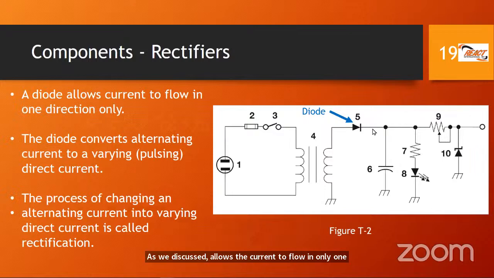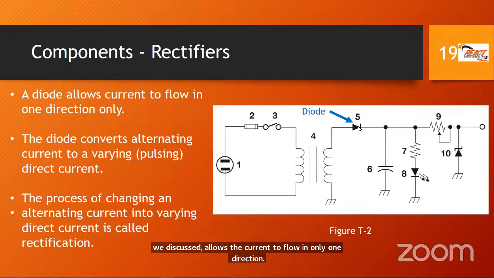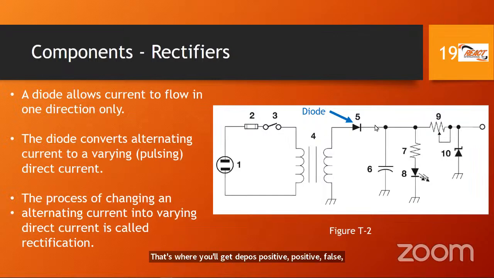That's why you'll get the positive pulse, positive pulse, positive pulse. It doesn't allow the current to go back in the other direction, so the negative pulse is dropped off or cut off. So when we use an AC current and change it into a DC current using this method, it's called rectification. Rectification is a process of changing an alternating current into a varying DC current.